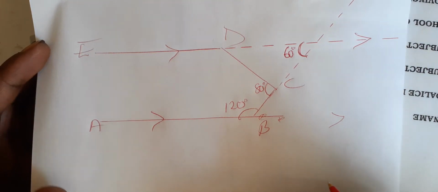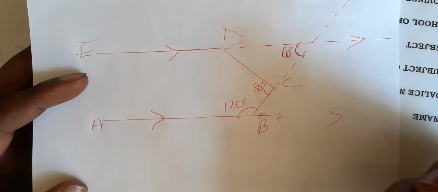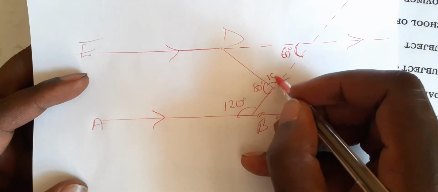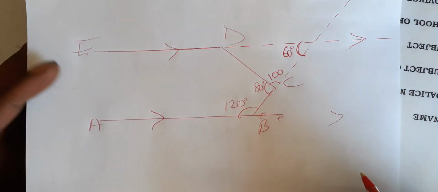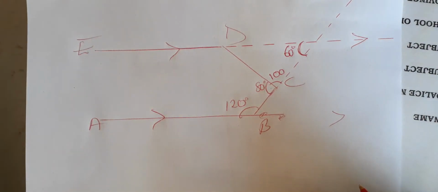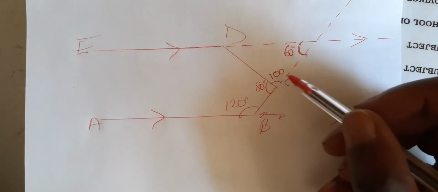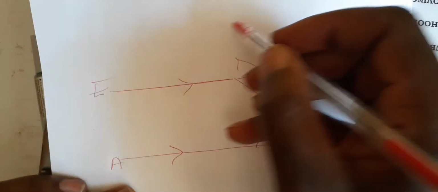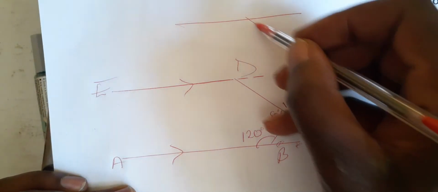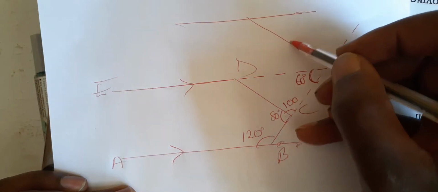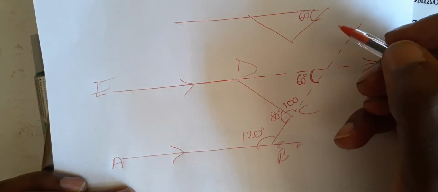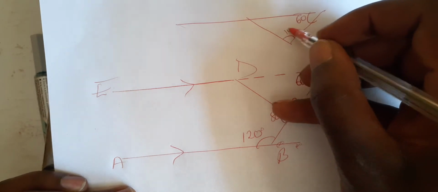So if this is 60, then you should also remember this angle and this other one here. They are angles on a straight line. This is what? This is 100 degrees. Then what is now the relationship between these two angles? Okay, it's like here I have 60 degrees, then here I have 100 degrees.